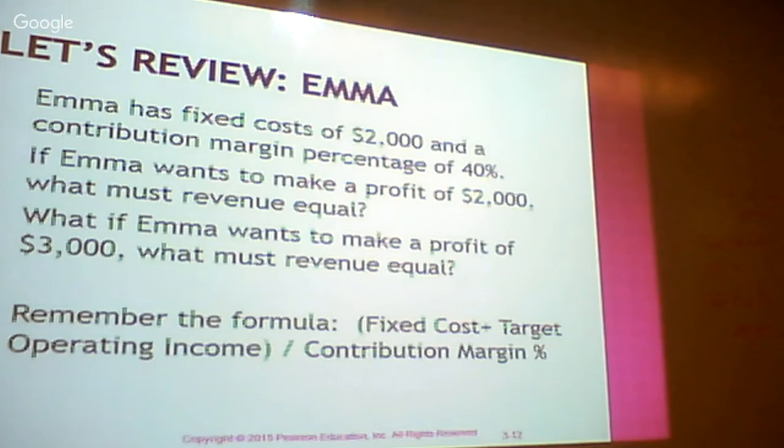We have fixed cost plus the target income. So the profit is the target income, right? Divided by the contribution margin percent. Okay? All right. So how would I set up this equation?